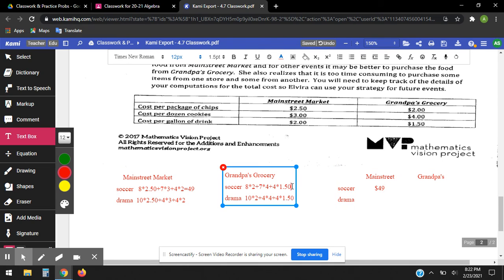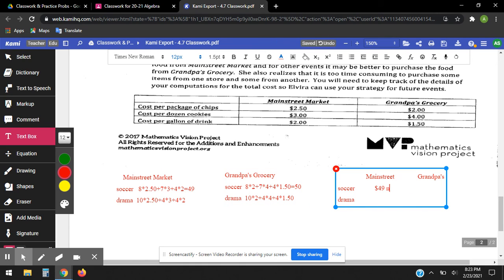Grandpa's soccer total is 16 plus 28 plus 6, a total of 50. So $50 for Grandpa's. Okay, so soccer is slightly cheaper at Main Street, but not crazy cheaper.